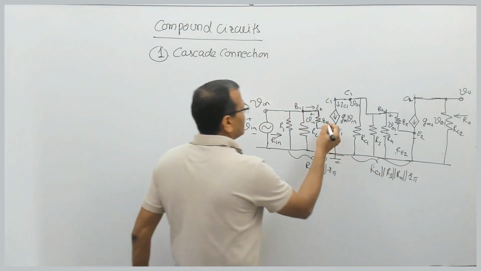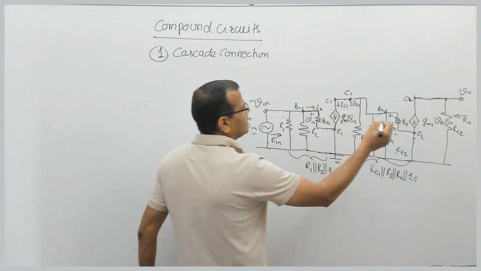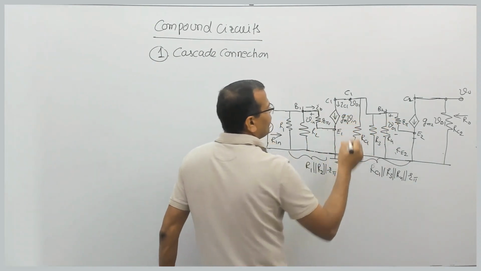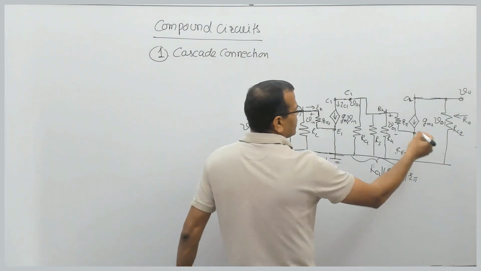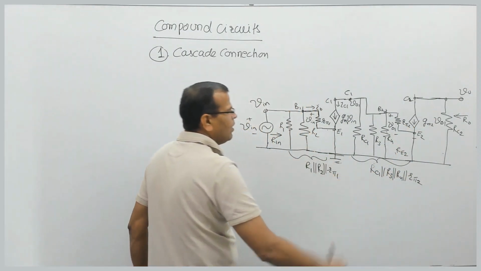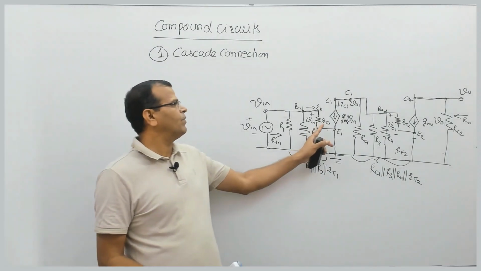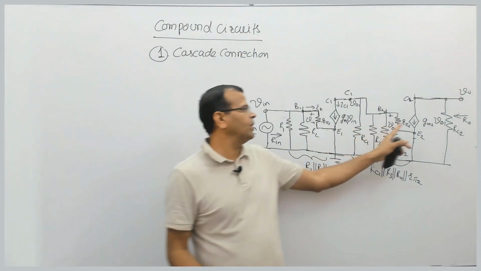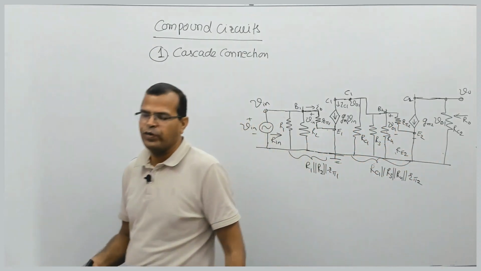This is R pi of the first stage, this is gm1 of the first stage, gm2 of the second stage, this is R pi 2, and this is R pi 1. For BJT1 I am taking R pi 1, for BJT2 I am taking R pi 2.